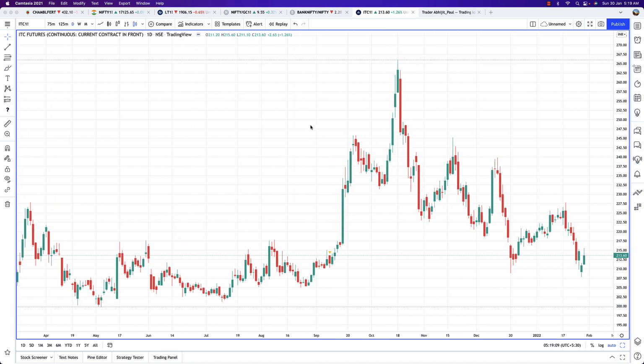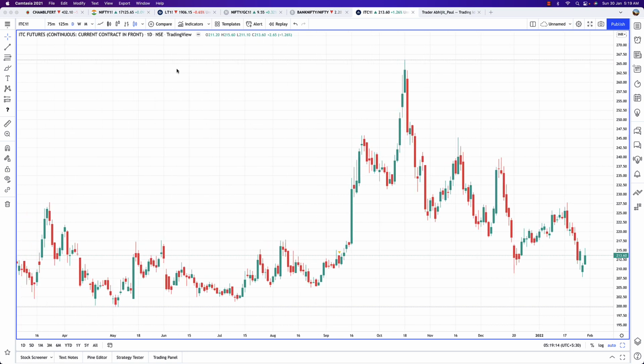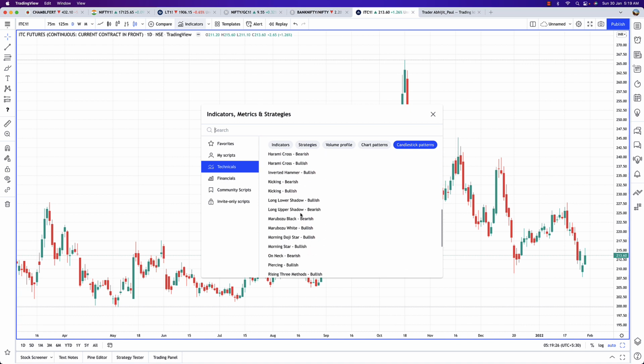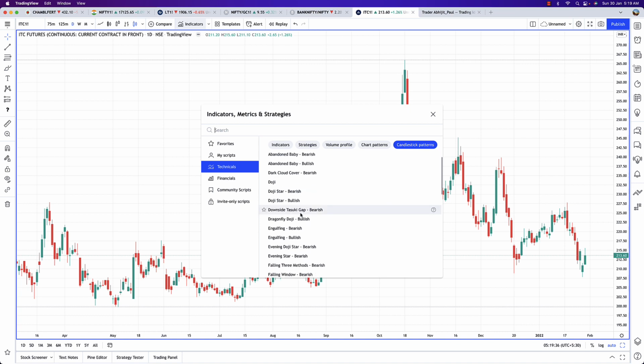So here I have the daily chart of ITC futures, and in TradingView, when you come to indicators, there is, right up here at the corner, candlestick patterns. So you can click on all candlestick patterns, or you can select the ones which you generally like and prefer to trade. Now, I personally, based on my experience, believe that candlesticks have a 50-50 chance to work.